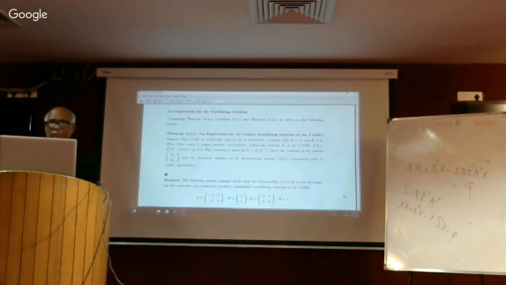Mathematically, that's the idea: to construct an invariant subspace of the Hamiltonian matrix associated with the stable eigenvalues.